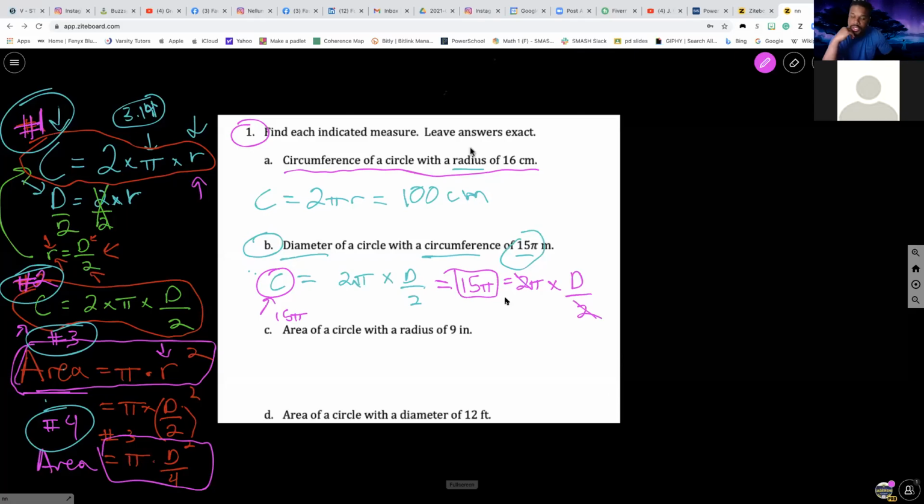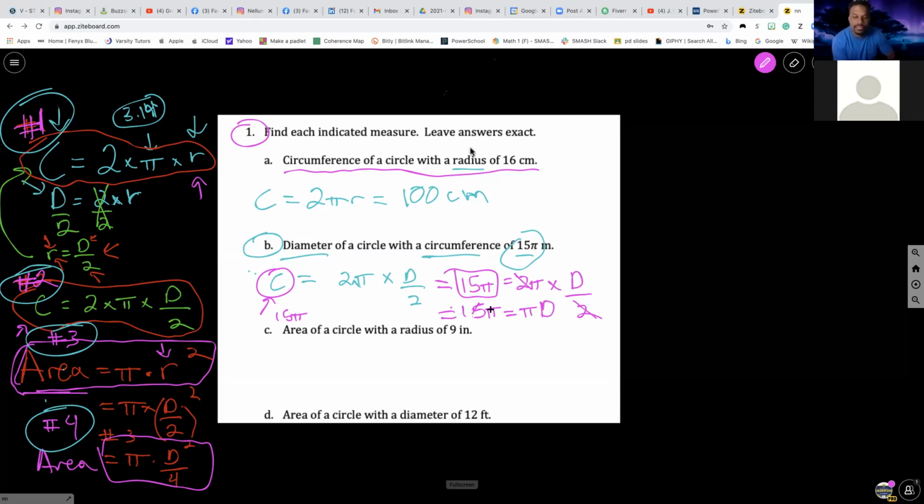We know the 2's are going to cancel. So then we're going to get 15 pi equals pi divided by the diameter. You with me?